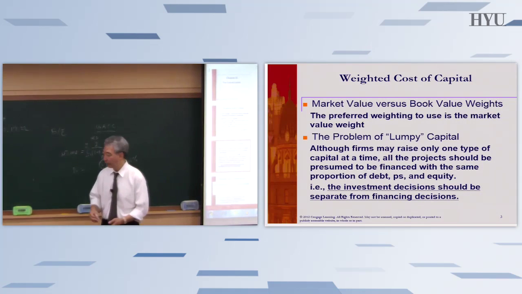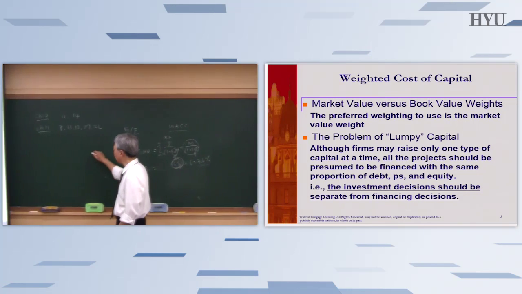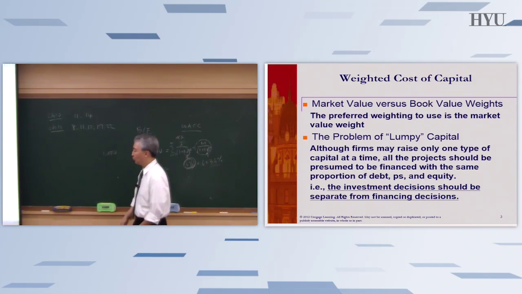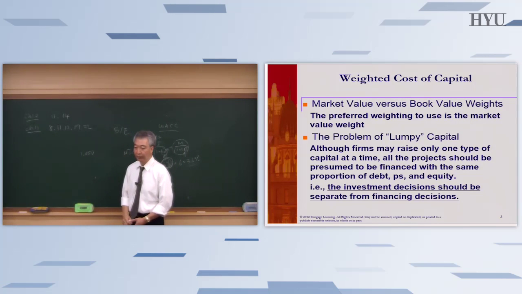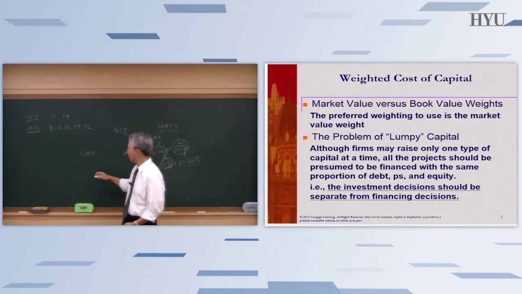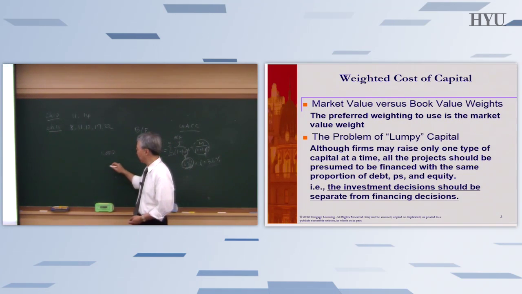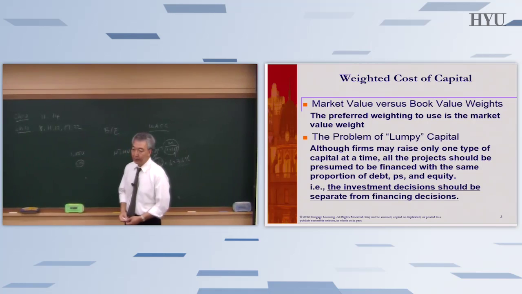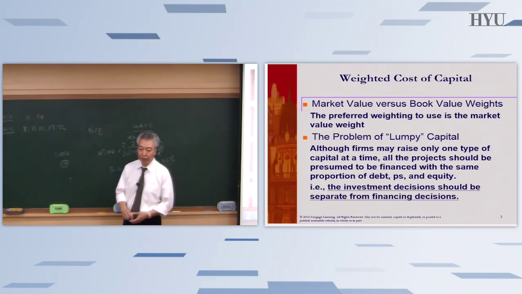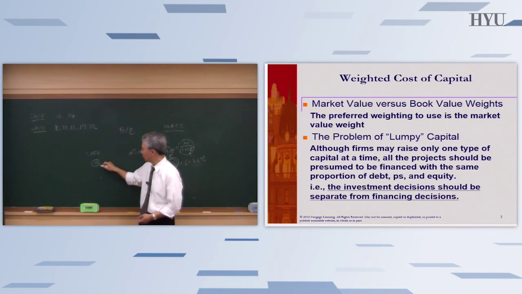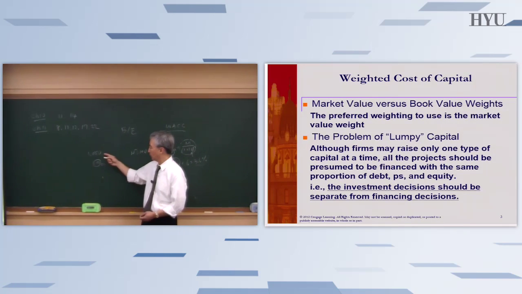So suppose you issued a bond with a par value of $1,000, but for some reason the price was really low in the market, so the actual investors paid only $500. Then when you calculate the rate of return to the investors, you have to use this actual market value rather than this par value.